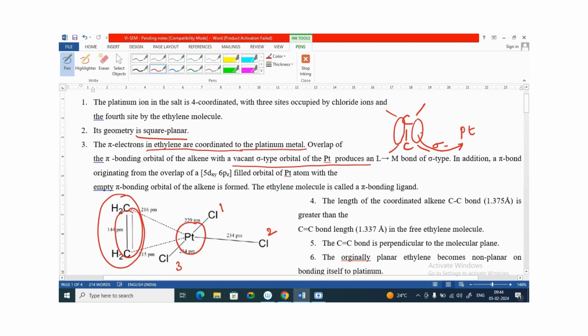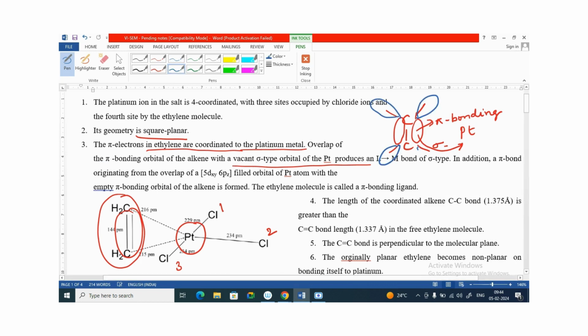And moreover, we know that whenever a pi bond is formed, there is the possibility of formation of a pi bonding molecular orbital. So, this one is the pi bonding molecular orbital, and therefore, the empty high energy anti-bonding molecular orbital is also possible. This could be oriented in this way.